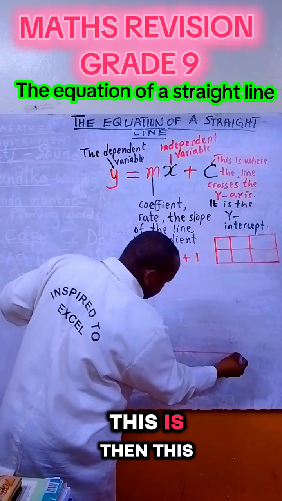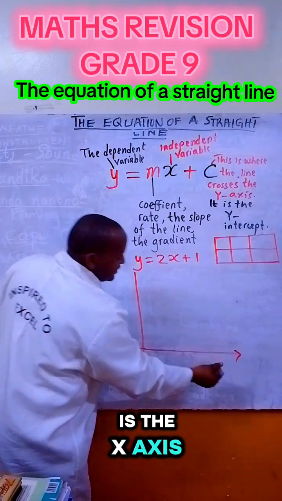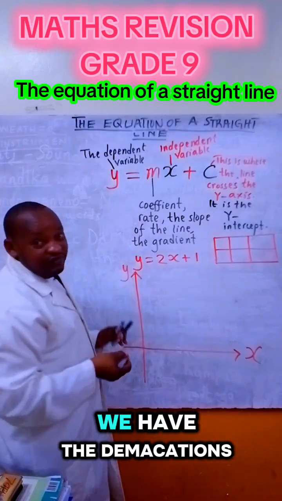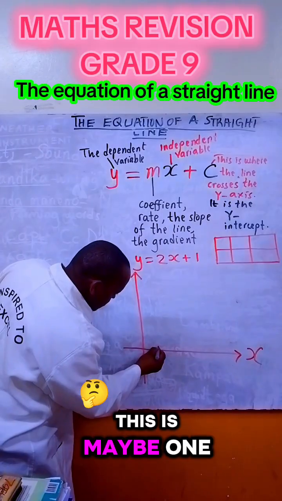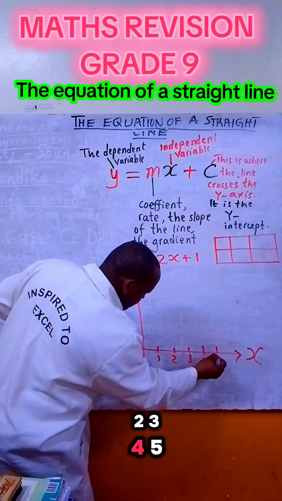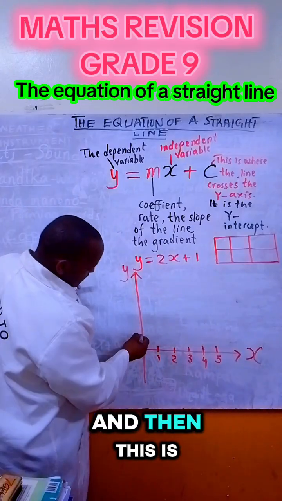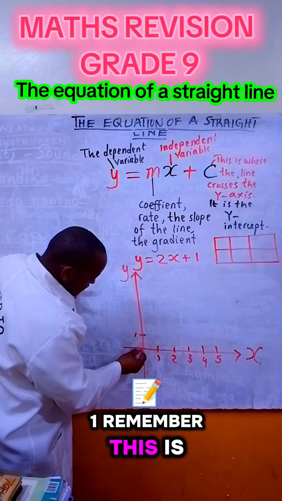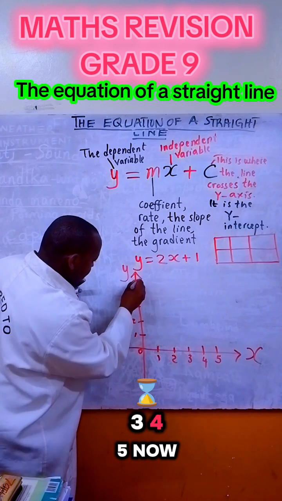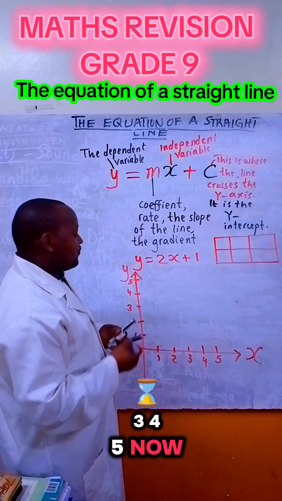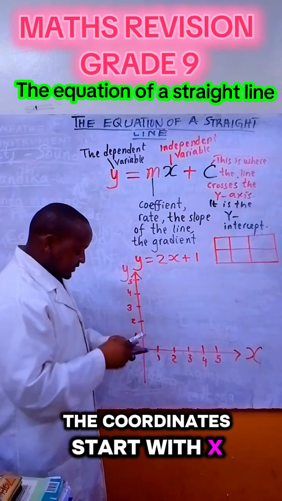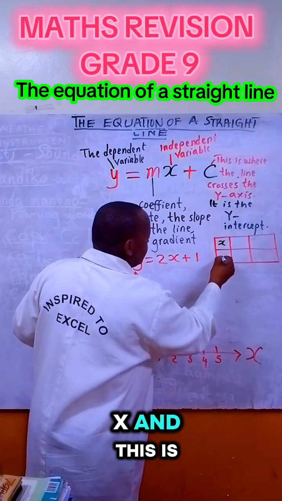This is the x-axis, and this is the y-axis. Then we have the demarcations: 1, 2, 3, 4, 5, and this is 0. Now, we always start with x when plotting the coordinates. So this is the x, and this is the y.